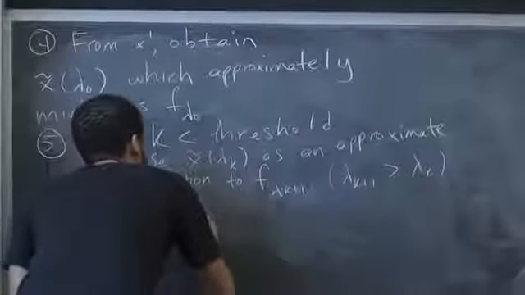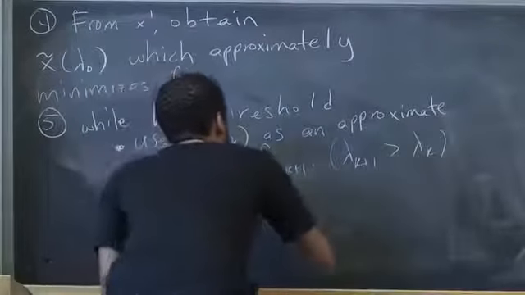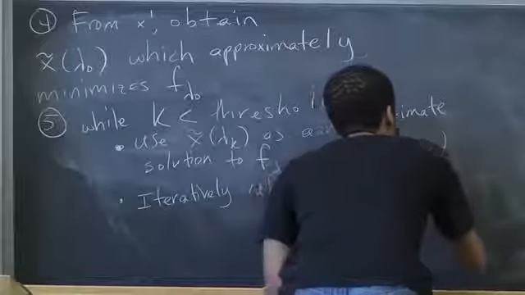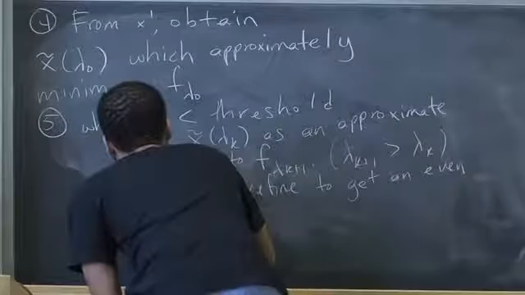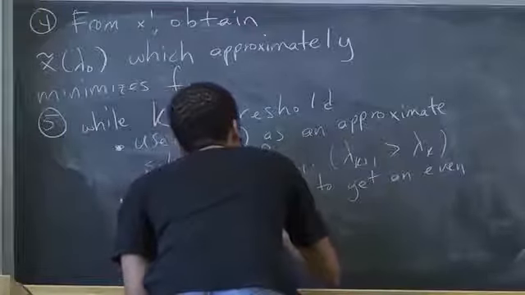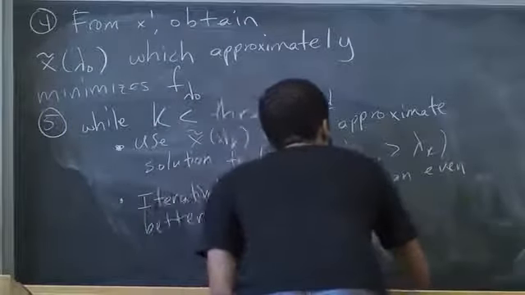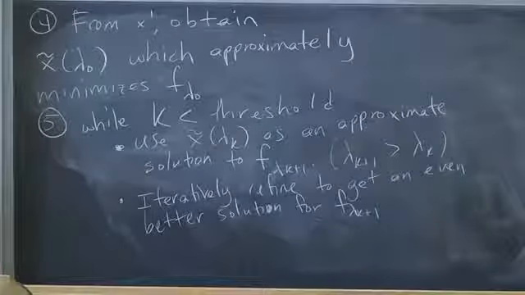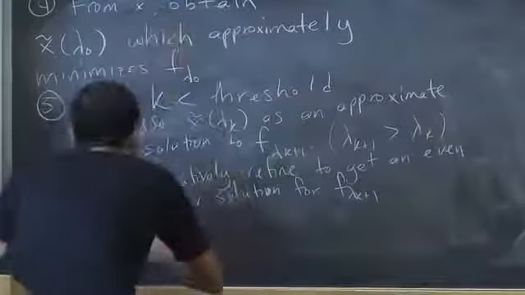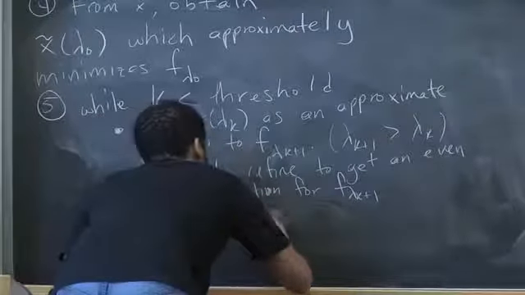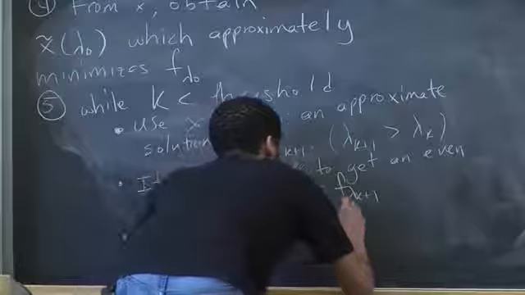And then iteratively refine to get an even better solution for f lambda k plus 1 using some iterative algorithm like Newton's method. Okay, and I'll tell you more about that throughout the lecture. And then increment k and continue the loop.